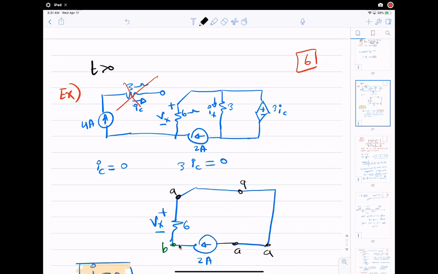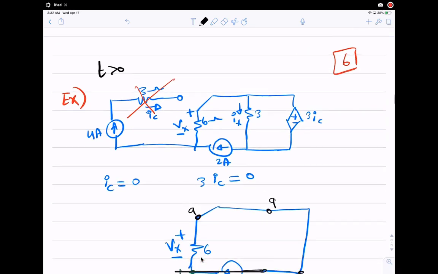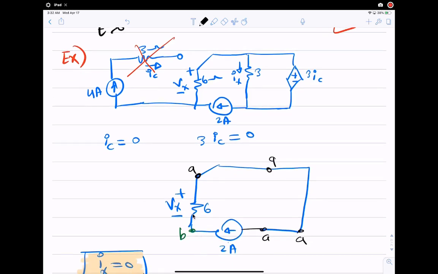The current 2 ampere is going all over this loop. So if I have the current 2 ampere and I have the resistor, I know the voltage V, using Ohm's law, 6 times 2, which is 12, right? So 12 volt. Is it positive or negative? Look at this current, it is going through the negative side of the resistor, moving from a low to a high potential, and this is totally wrong. A resistor has to absorb power.